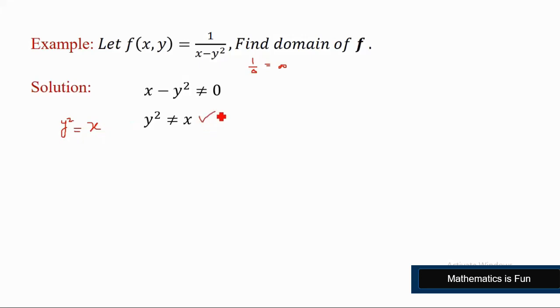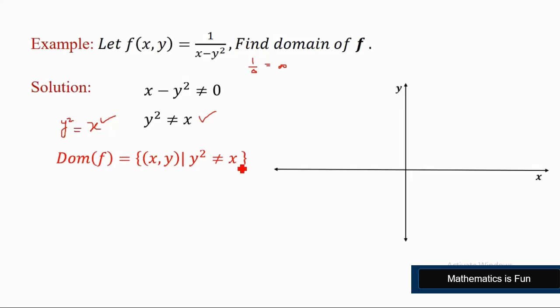So this means that the points which satisfy the equation of this parabola are not included in the domain of this function. So we can write it as this, that all the ordered pairs that satisfy y square is not equal to x. Let's now sketch the domain of this function.